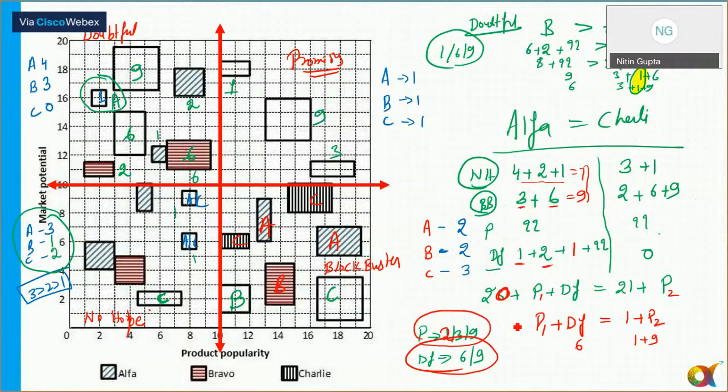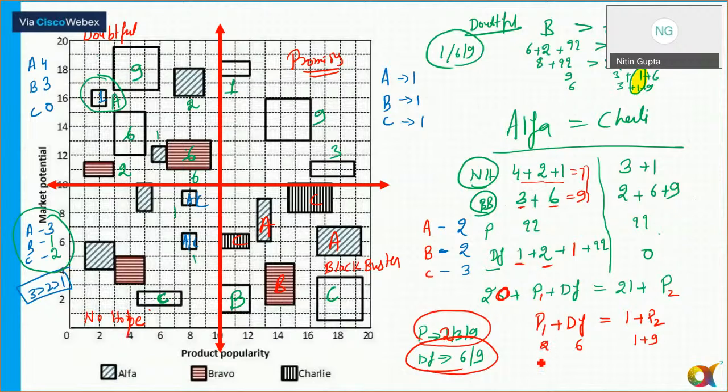This is 6 here. And P1, P2, promising. What are the different values of promising? The different values of promising are 2, 3 and 9. So 2, 3 and 9. So that will be equal to P1, it is 2 plus 6 is 8, 1 plus 9.